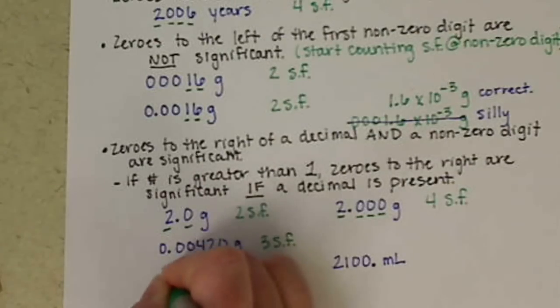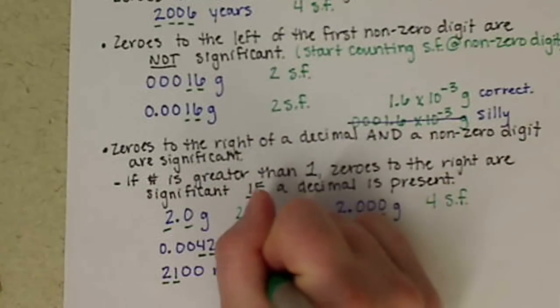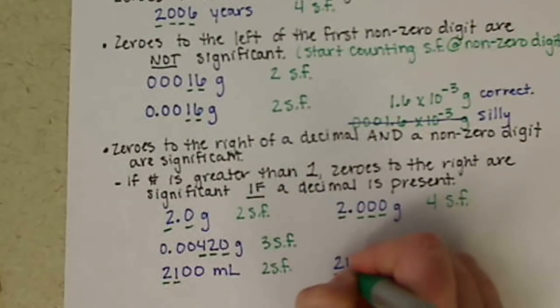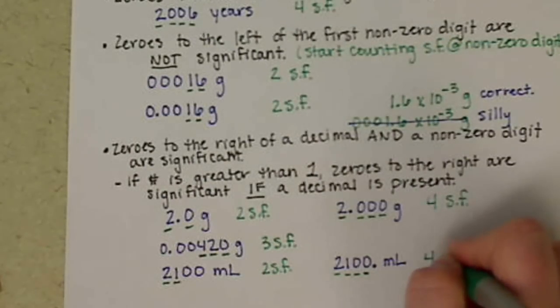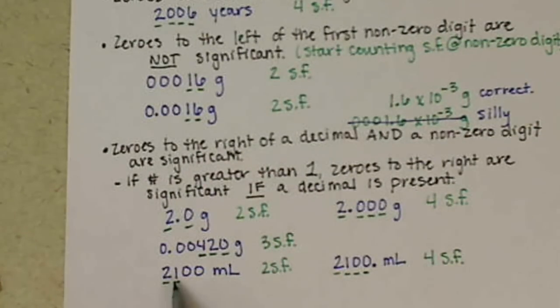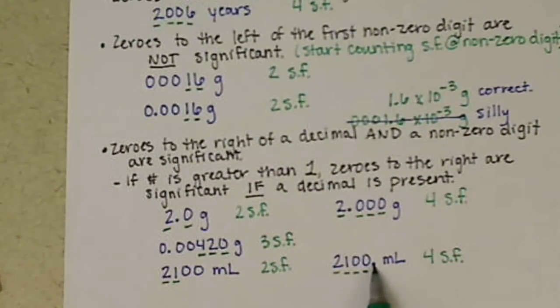In our first value, the 2 and the 1 are significant, so this has 2 sig figs. In the second example, the 2 and the 1 are still significant, but both zeros are significant, so this would be 4 sig figs. These are different solely because of where that decimal is.